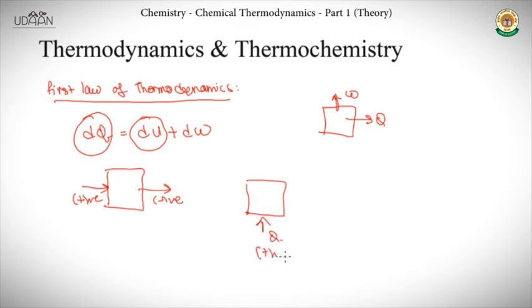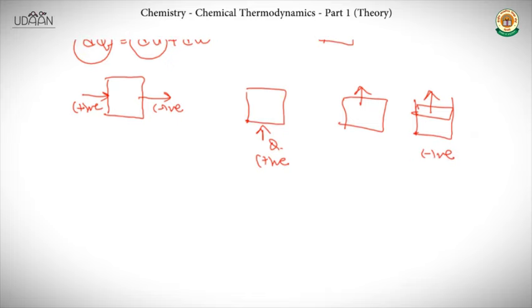Suppose the system is doing some work, increasing its volume. Is that positive or negative? Work done is negative, exactly. It is going out of the system. So work done on the system will be positive, and work done by the system will be negative. Remember this sign convention, and this is somewhat different from what you learn in physics.